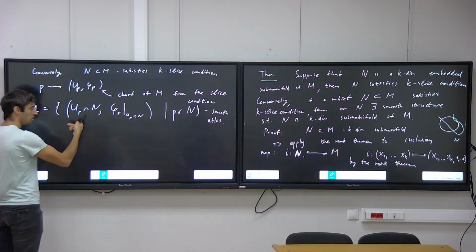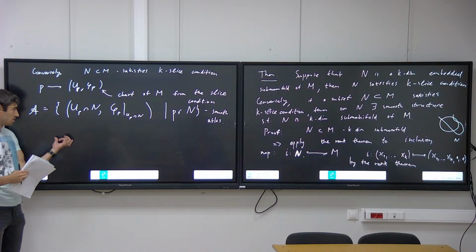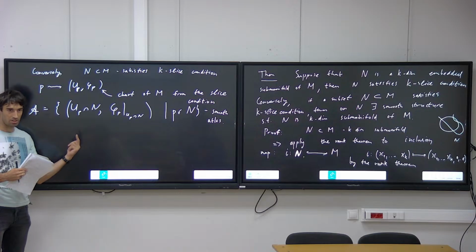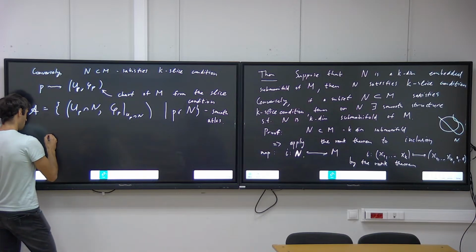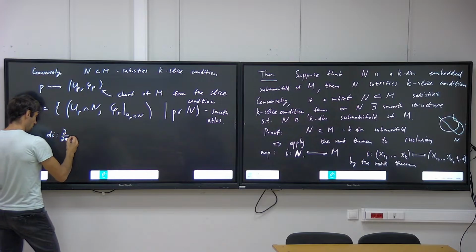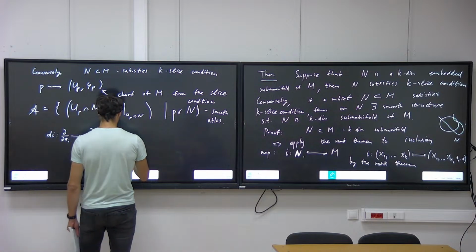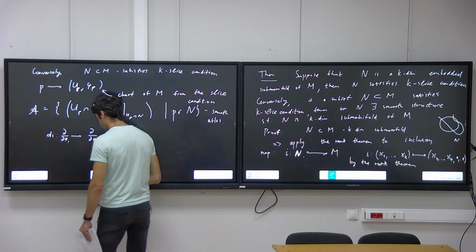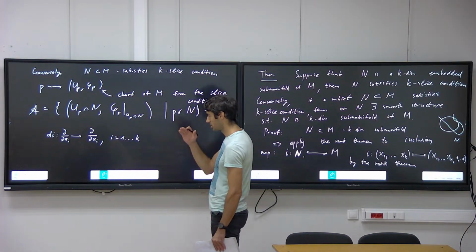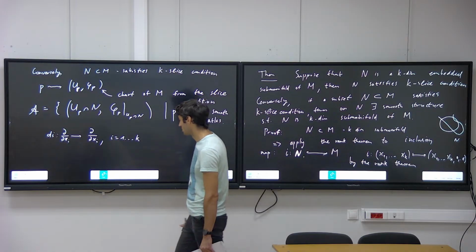You have coordinates in here, which by construction are the first k coordinates in M around the same point. And in your inclusion, your di just sends ∂/∂x_i to the same kind of thing, for i from 1 to k. So it's just an identity matrix, as simple as that.